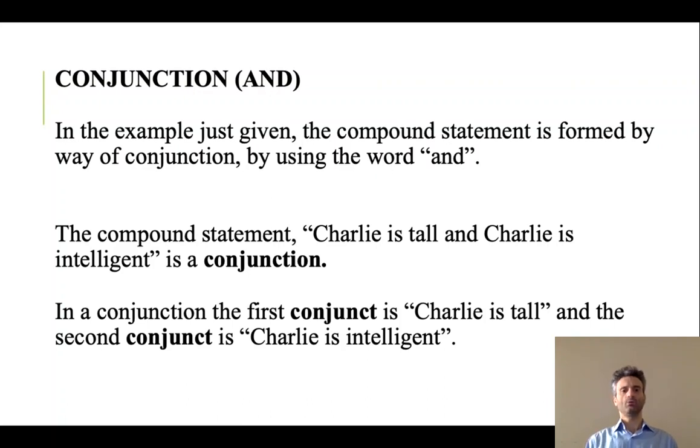Okay, so Charlie is tall and Charlie is intelligent is a conjunction. The conjunction, again, is we use the word and. Each part of the conjunction, each simple sentence, is called a conjunct. Okay, so there are two conjuncts in this particular statement.